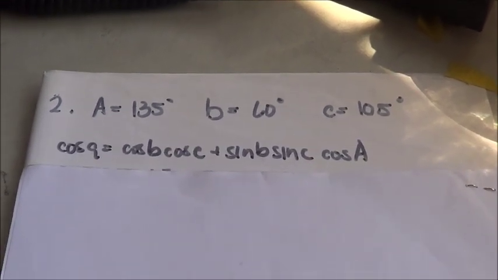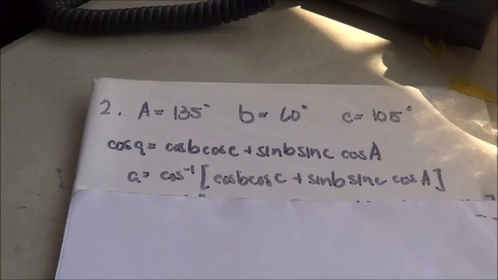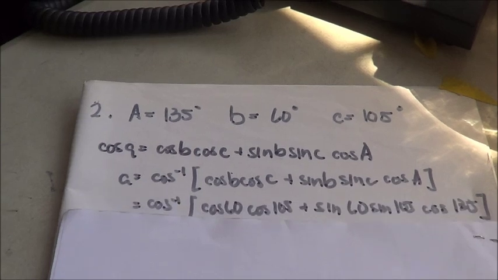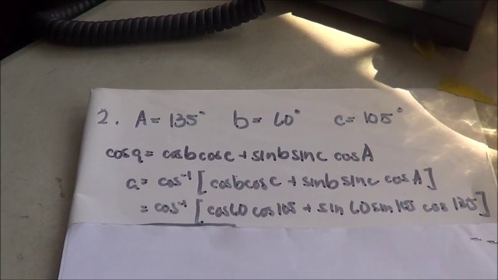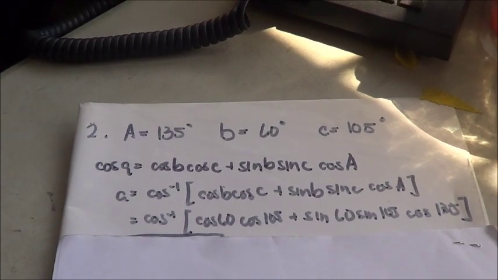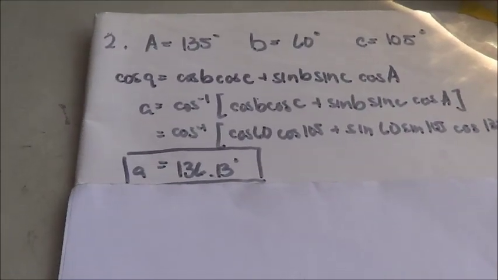So we use the formula cosine a is equal to cosine b cosine c plus sine b sine c cosine A. The only unknown in this formula is side a. So if we get the arc cos of the right side, we get side a. Plugging in the values, we get arc cos of cosine 60 cosine 105 plus sine 60 sine 105 cosine 135, which is equal to 136.13. This is the value of side a.